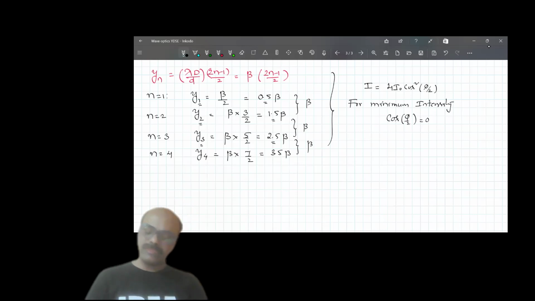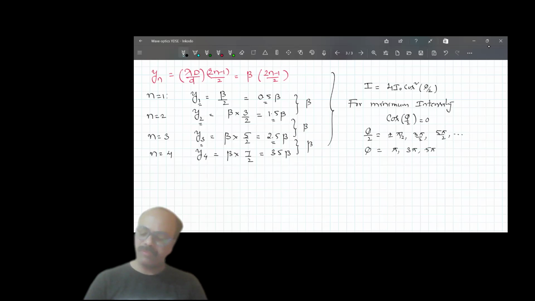Should be equal to 0 means this pi by 2 equals plus or minus pi by 2, 3 pi by 2, 5 pi by 2 will come. Then pi is equal to how much?